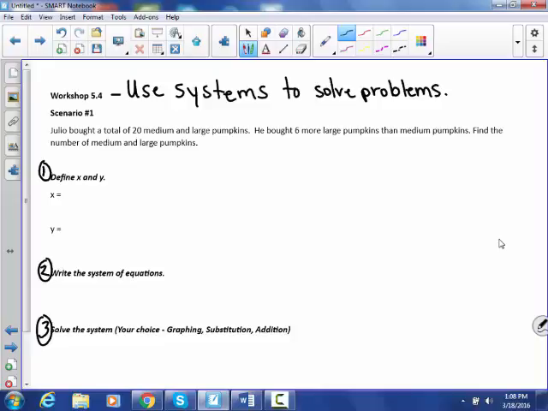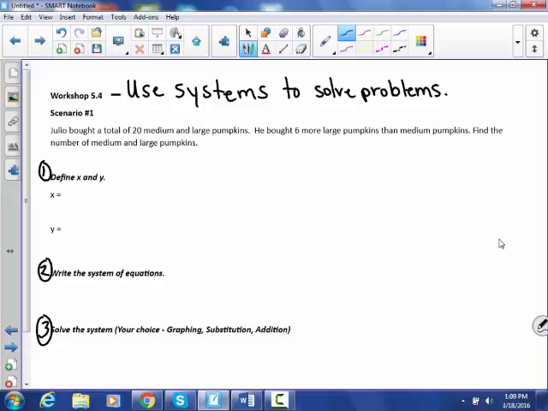Your first step is to always define which part of the problem is going to be X and which part of the problem is going to be Y. Okay? And I'll give you a hint about that in a minute. And then the second step is going to be to write the system. And then you can solve it. Okay? So solving it's not the hard part. We've been learning how to do that. It's getting it set up.